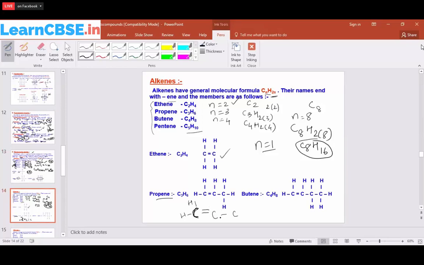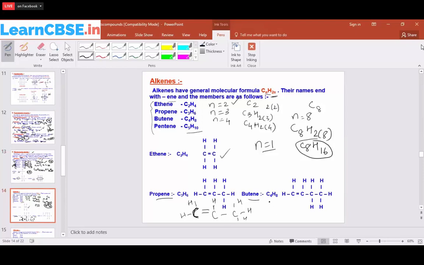Three bonds are already used, so the other bond we satisfy with a hydrogen atom. This carbon atom has 1 bond here and 3 bonds with other hydrogen atoms. We have to be very careful while placing the hydrogen atoms, and make sure the carbon atoms have only 4 bonds at a time. That we have to confirm.